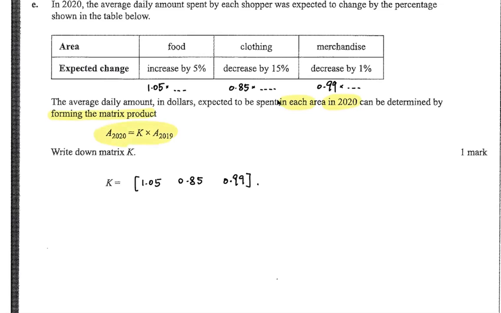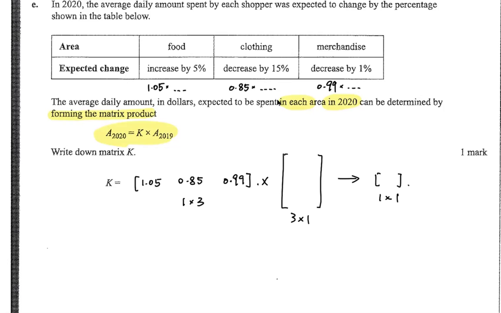No, this is not correct because this is a 1 by 3 matrix, and the pricing matrix is a 3 by 1 matrix. Using that will form a 1 by 1 matrix, which means it only provides us the total spend, okay?